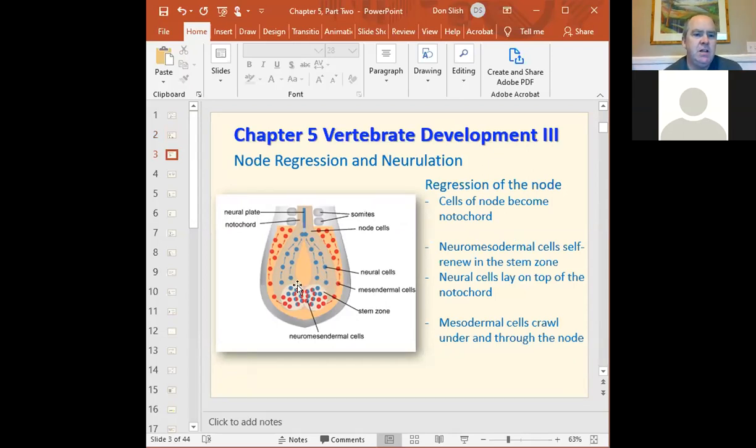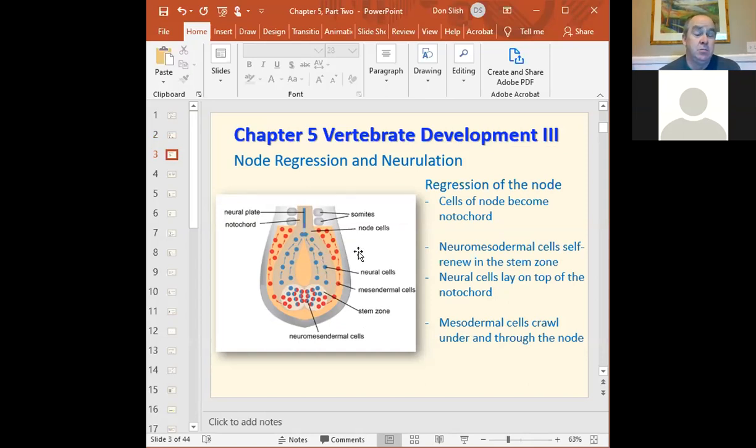Now, at the leading edge of the node, you've got the stem zone, and the stem zone's producing more cells. They're neuromesodermal cells, so they could go either way. But the ones on top will regress with the node cells and become part of the nodal cord as well. And then the ones that go in and underneath those node cells become the somites. So this area here is where all of that is going on.